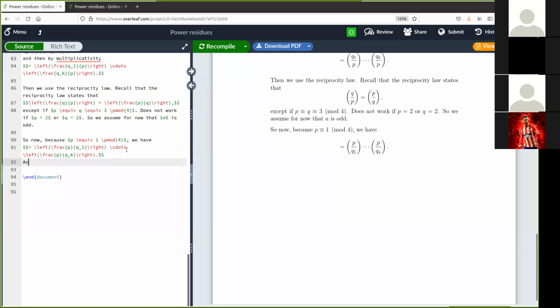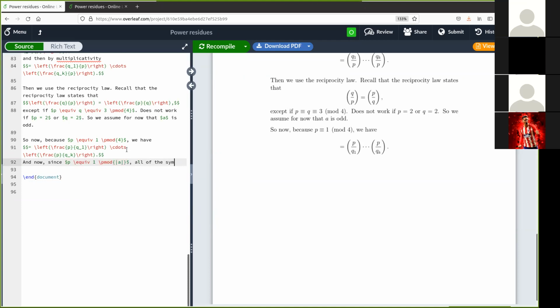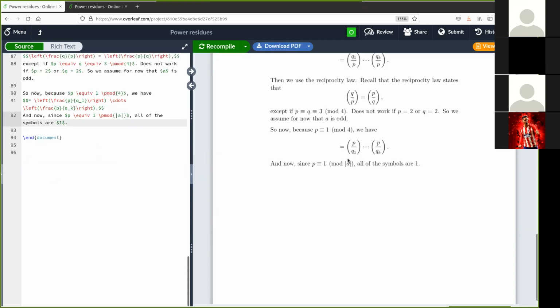Okay, and by the choice of P, all of these symbols are 1. And that's it.